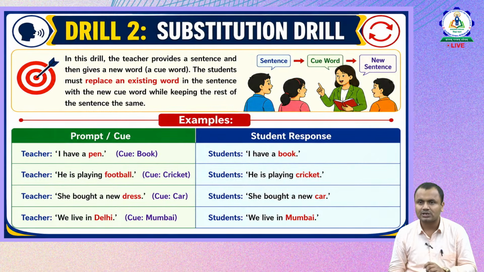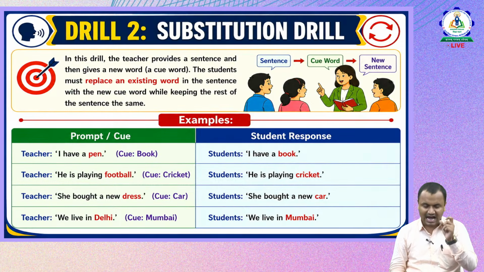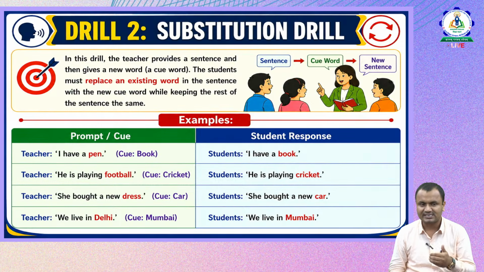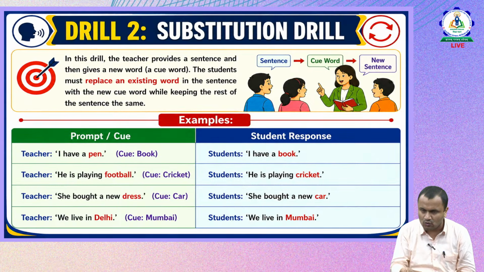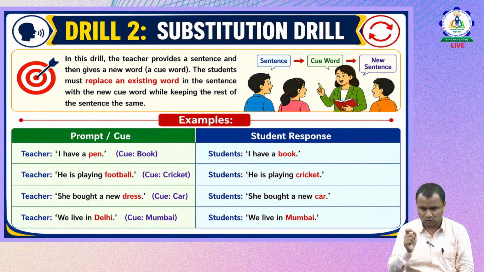Now what does substitution mean? Substitution means you give one option to replace. Substitution is equal to replacement. I as teacher will speak one sentence, and with that sentence I will give one hint word, one cue word, to the student.